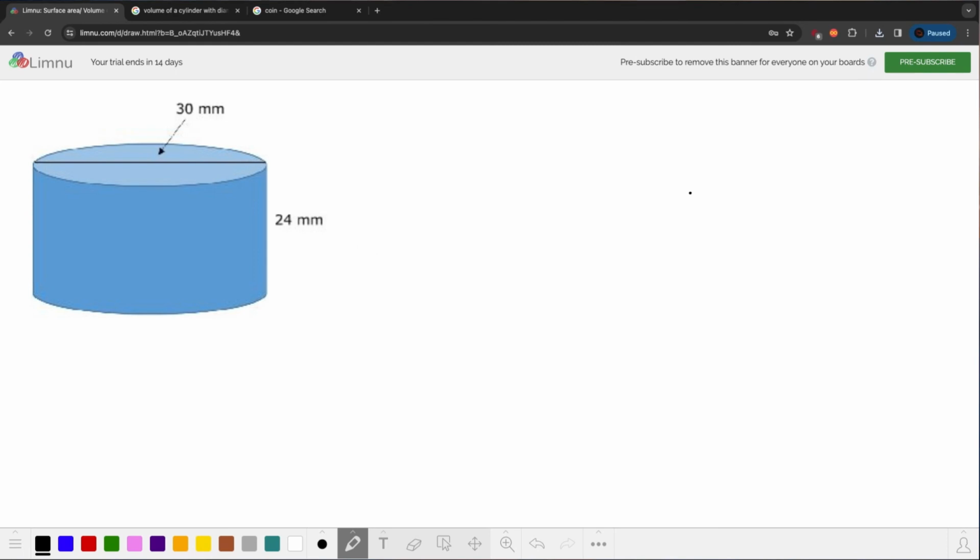So let's find the volume of this cylinder. From the previous example, we now know that the formula for volume is pi r squared h. Okay, so let's do it again. Yes, it looks exactly the same, but there's just one little catch.